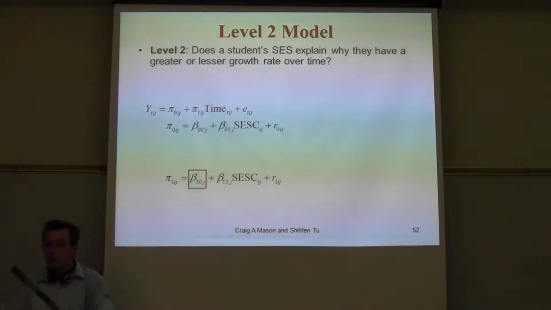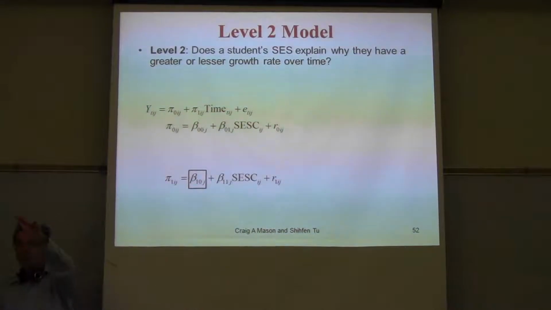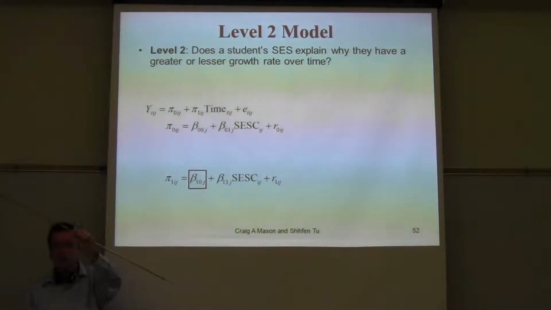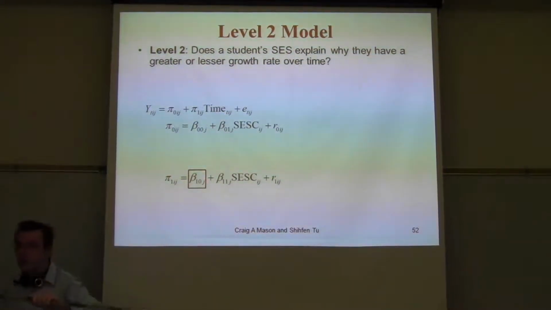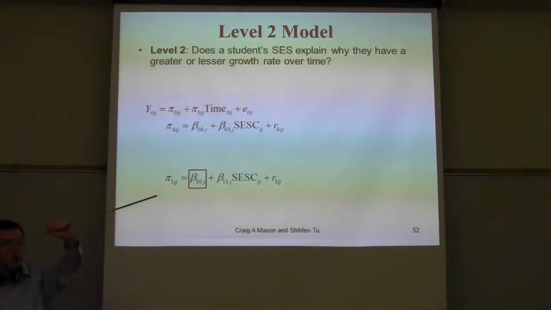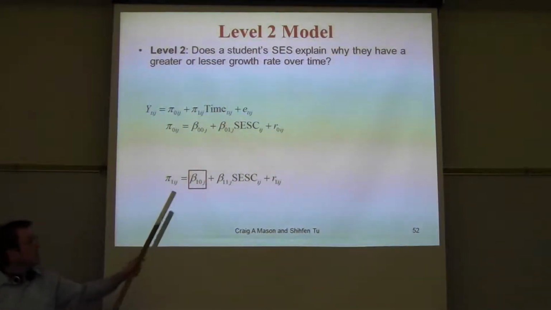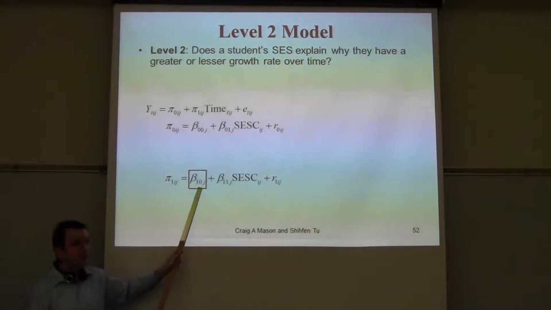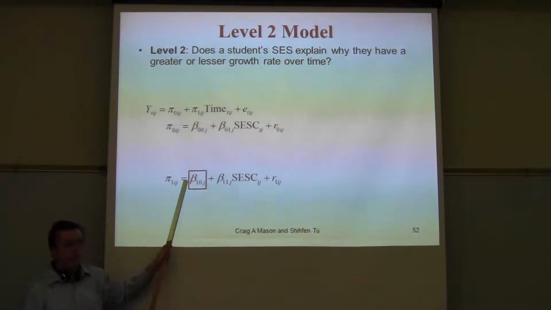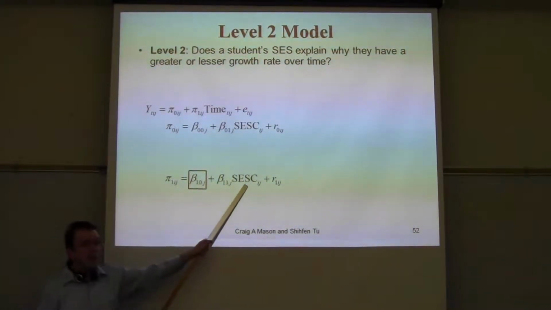The average for your school may look this way, and the average for another school may look that way. Like we saw in level 2, we're taking a model for every school. Every school gets its own intercept, and every school gets its own slope. And we're saying, for school number j, here's the predicted growth rate for a student who's got the average SES.